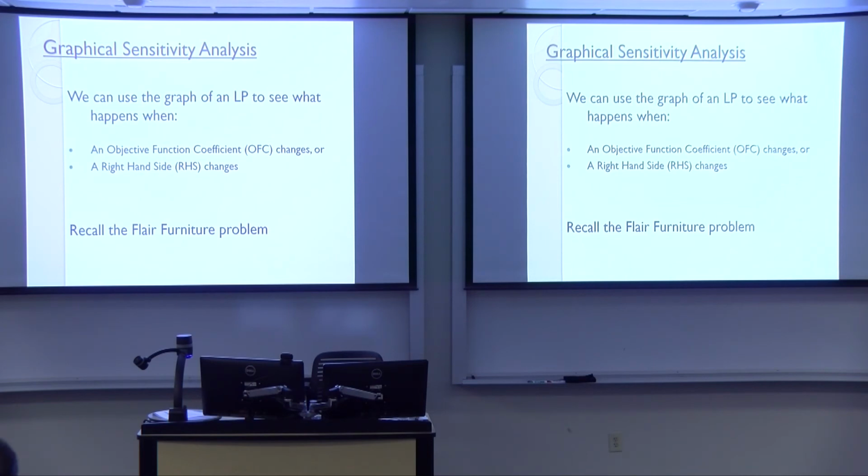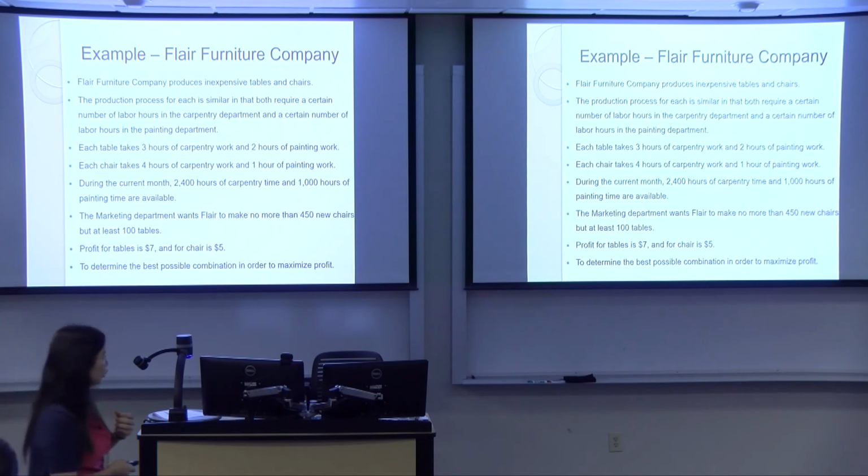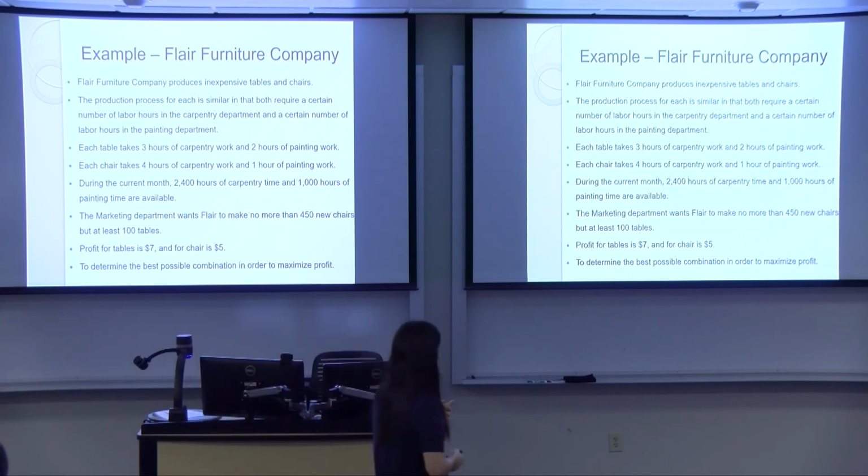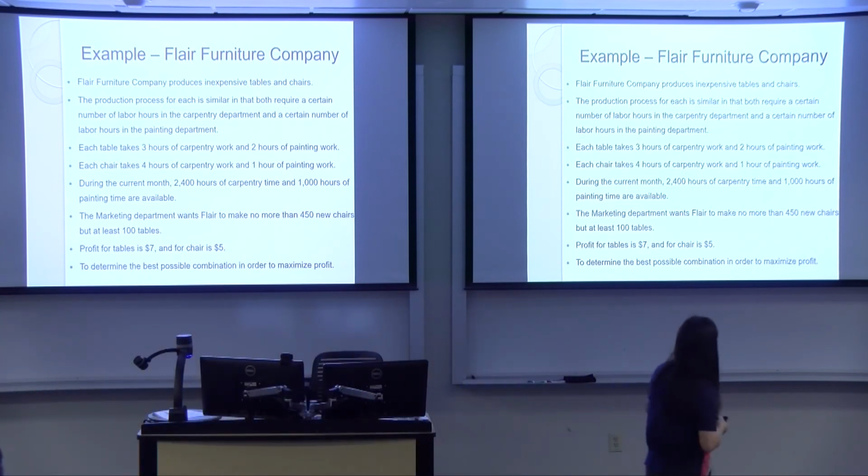Okay. So recall this furniture example. We have the number of tables and chairs to be produced, and we have the carpentry hours and painting hours limitations. And we know how to solve it.